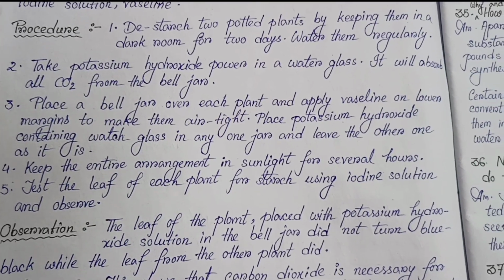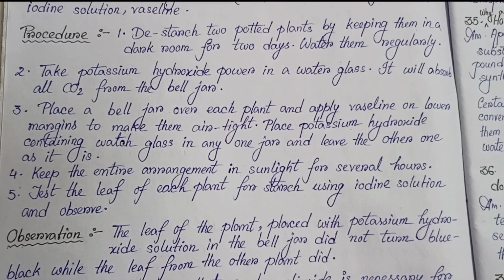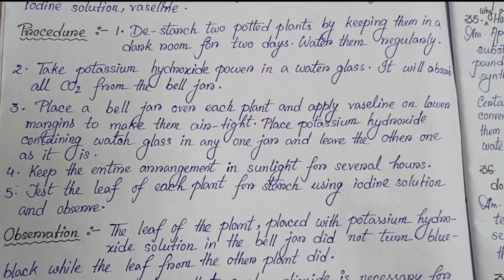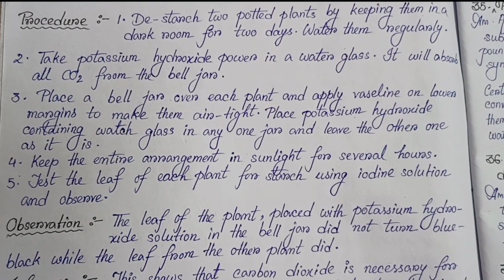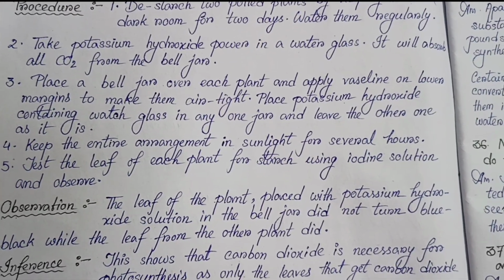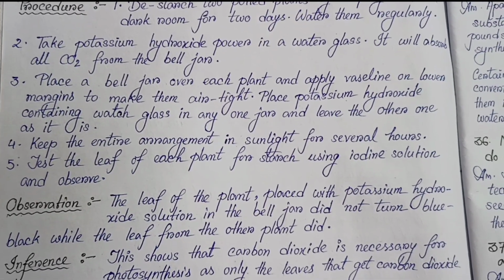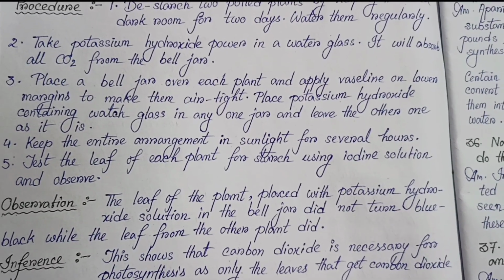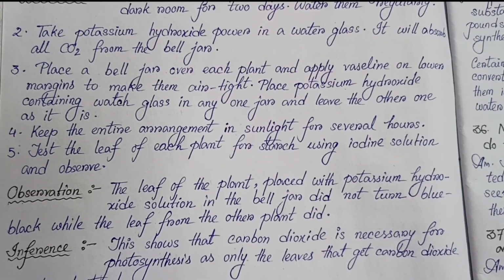Number 3. Place a bell jar over each plant and apply Vaseline on lower margins to make them airtight. Place the potassium hydroxide containing glass in any one jar and leave the other one as it is. Number 4. Keep the entire arrangement in sunlight for several hours. Number 5.